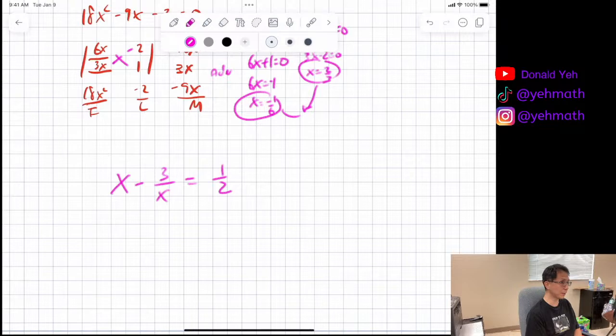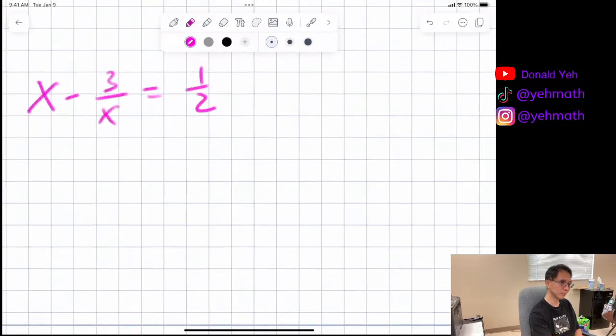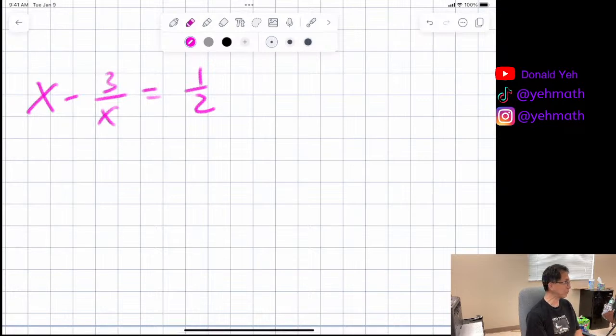A little bit of everything. I have this new equation now. It becomes a little bit more advanced now. This is more closer to algebra 1.5, almost close to algebra 2 range.